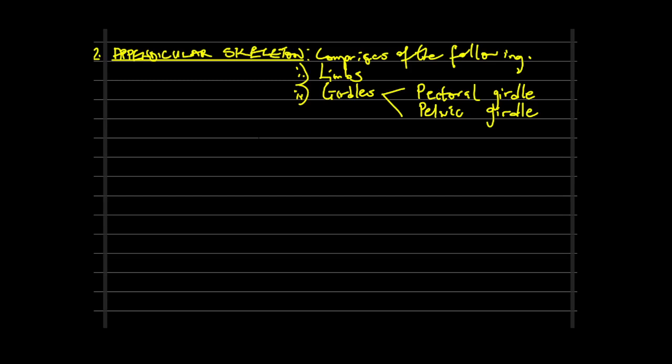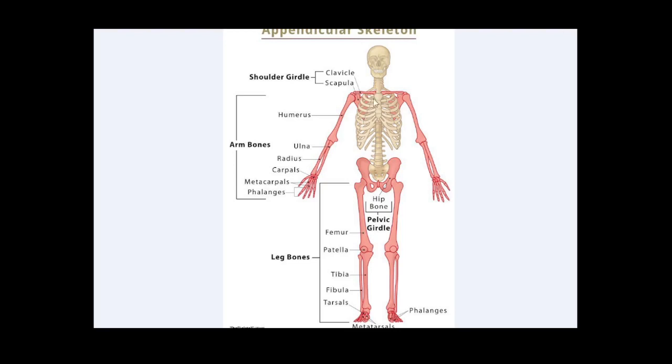Before I do that, let me quickly show us the picture of the appendicular skeleton. Alright, so here we have the picture of the appendicular skeleton. All of these parts that you can see colored in light red, or let's say pink, make up the appendicular skeleton.